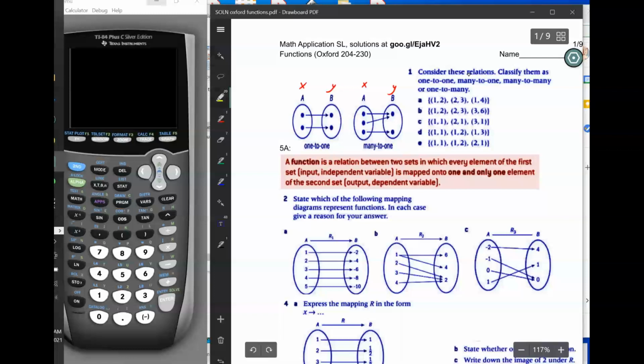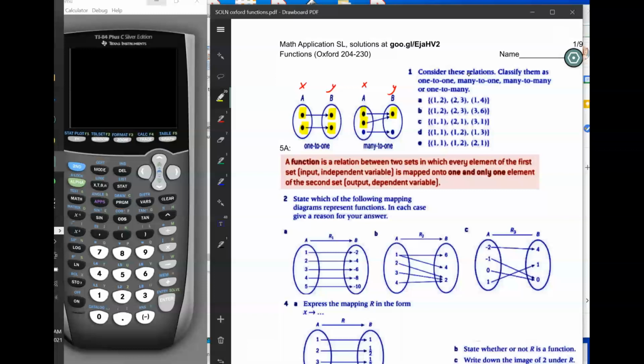So, for example, here we have one item in the X group mapped to a single item in the Y group. Okay, so just one item is mapped to one item. So that's one-to-one. If you have many-to-one, then sometimes you have two or more items mapped to one item in the Y group.